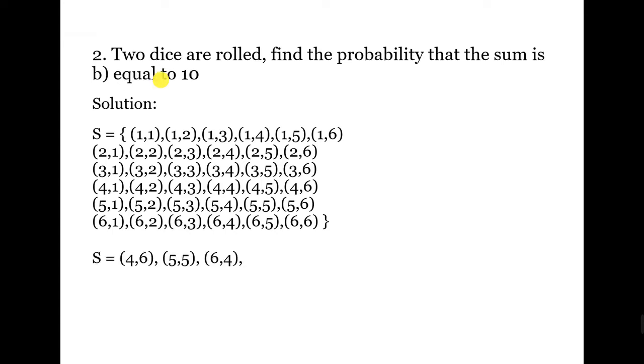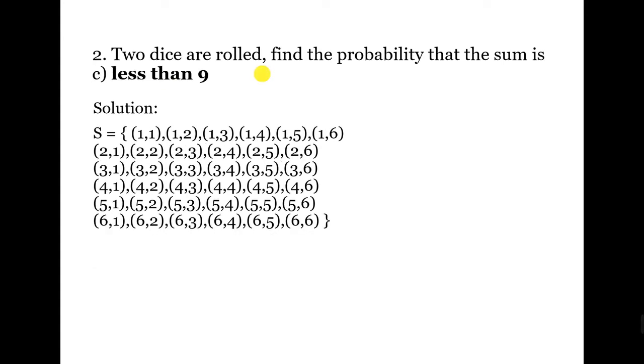Then the result is only 3 events from 36 sample spaces. And we can now directly substitute to the formula, and the result is equal to 1 over 12, or approximately 8.3%.